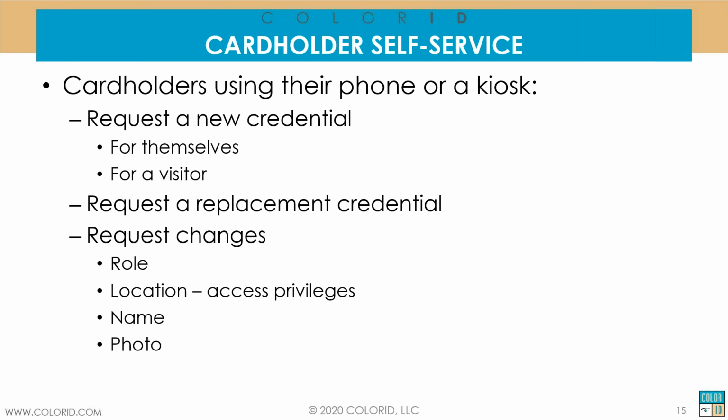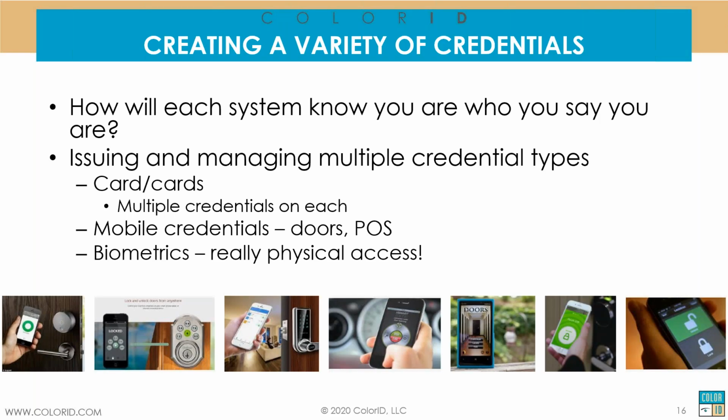So maybe some things were automatically granted and maybe other things required somebody to review them the next morning or whenever. But the point is, the cardholders had a way of interfacing with the service, and even the one card systems provide a lot of these features through their portals. So everybody's familiar with cardholder self-service.